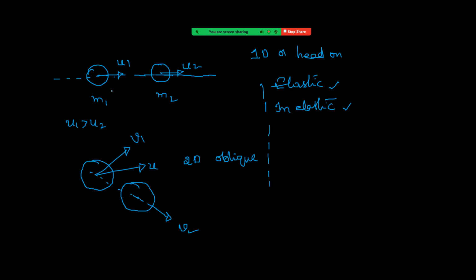If you take this pair of bodies, the ratio of the modulus of velocity of separation to the modulus of velocity of approach is a constant for a given pair of colliding bodies, and that constant is called the coefficient of restitution.